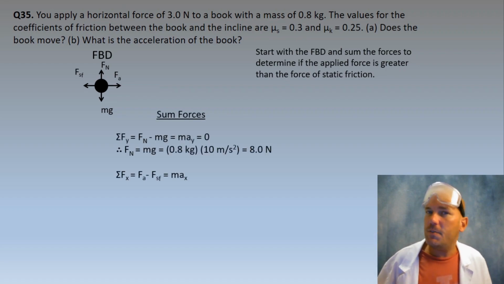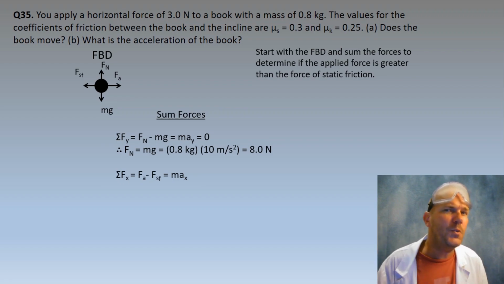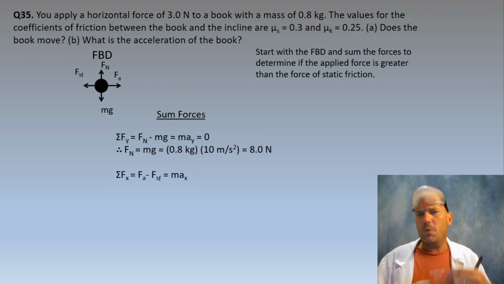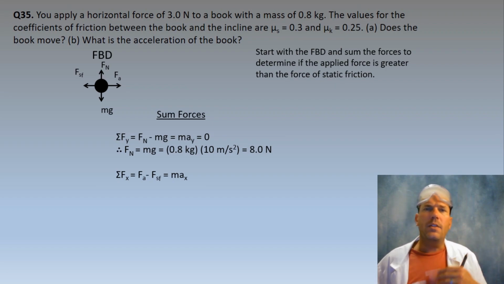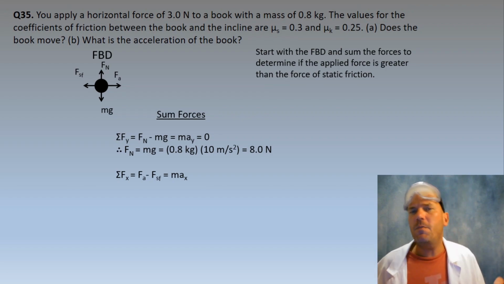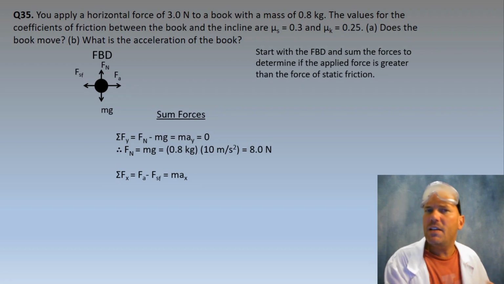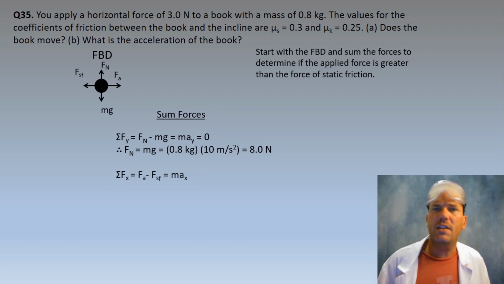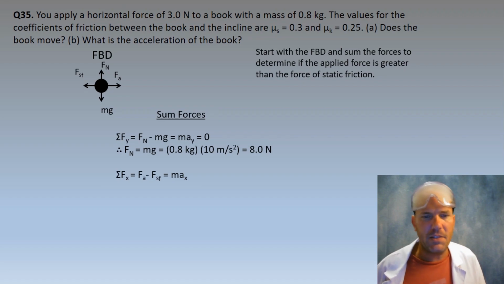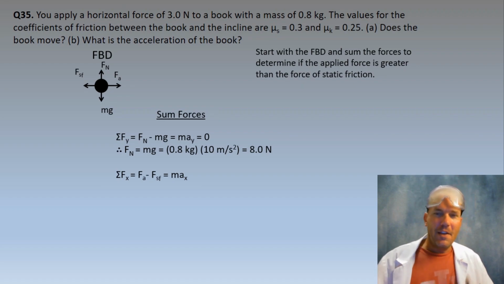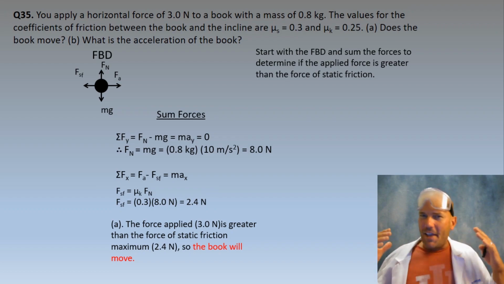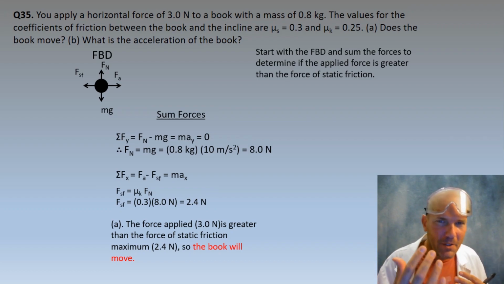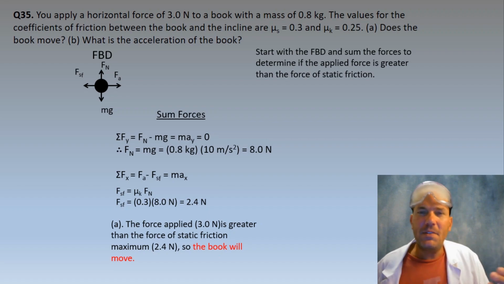We're going to realize normal force is equal and opposite to the force of gravity, which means normal force is equal to 8.0 newtons. Then in the horizontal direction, calling right positive and left negative, we have the force applied to the right minus the force of static friction equal to mass times acceleration horizontally. Physics is fun, guys, so let's use that equation because we're given mu and pop in some values.